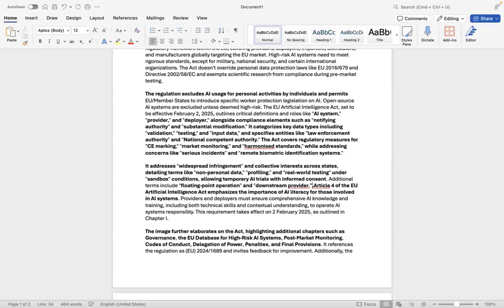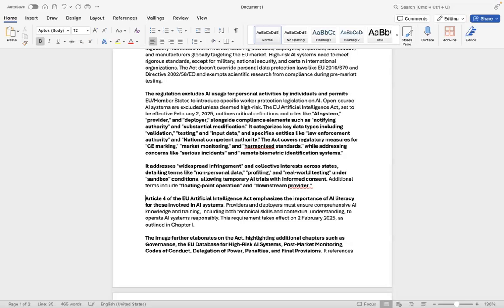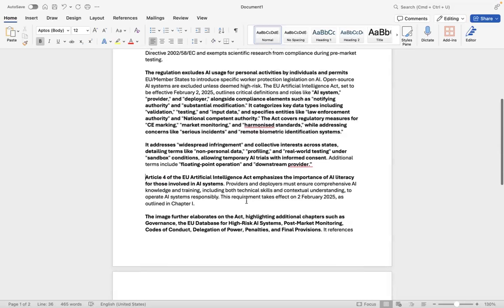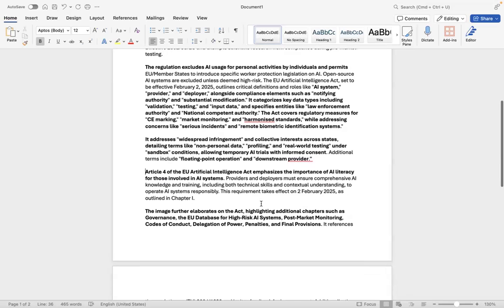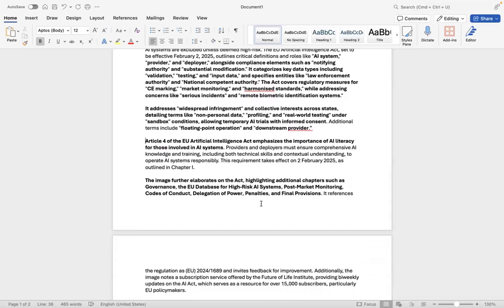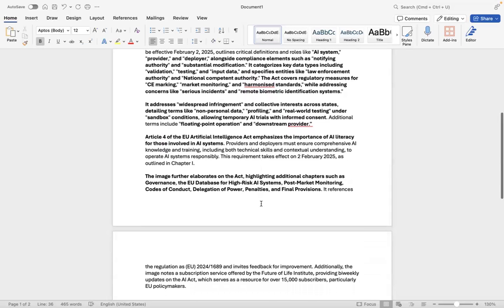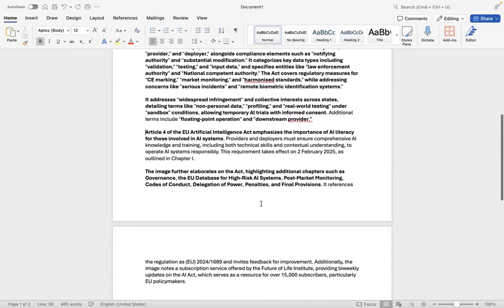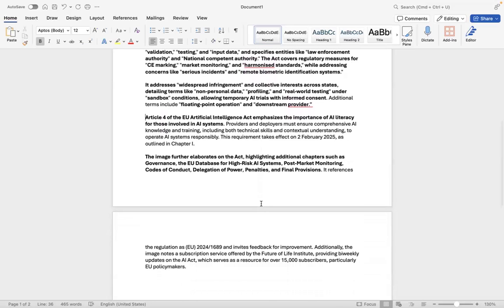So Article 4 of the EU Artificial Intelligence Act emphasizes the importance of AI literacy for those involved in AI systems. Providers and deployers must ensure comprehensive AI knowledge and training, including both technical skills and contextual understanding, to operate AI systems responsibly. This requirement takes effect on 2nd February 2025, as outlined in Chapter 1.